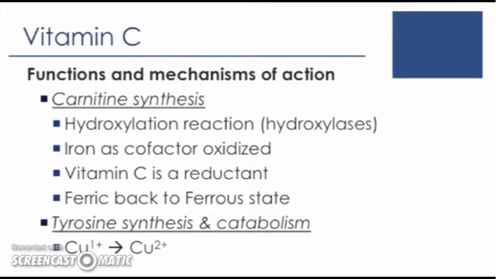However, with the catabolism of tyrosine, in one of the reactions, copper instead is the cofactor, and when copper is the cofactor, it becomes oxidized. So vitamin C is then involved in reducing copper back to the form Cu1+. So it takes copper from the oxidized to the reduced form.